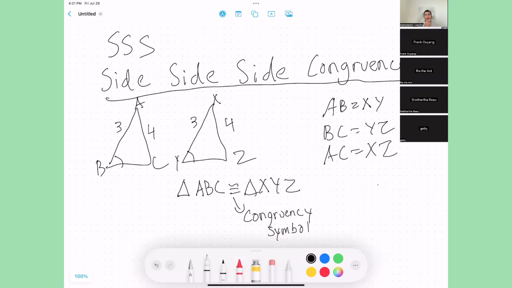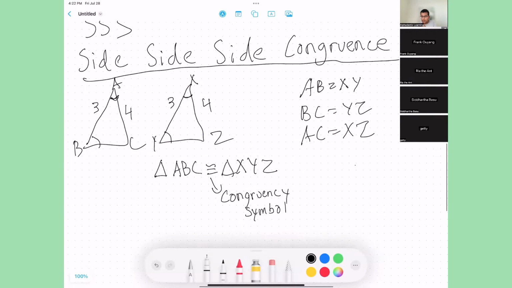If you want to use side angle side, you have to make sure that the angle between the sides is equal. You cannot say that angle ABC equals angle XYZ, and thus I'm going to use the side angle side congruence. It doesn't work that way, because that's not what the theorem says. So this is a very common mistake. Make sure you don't make that mistake.